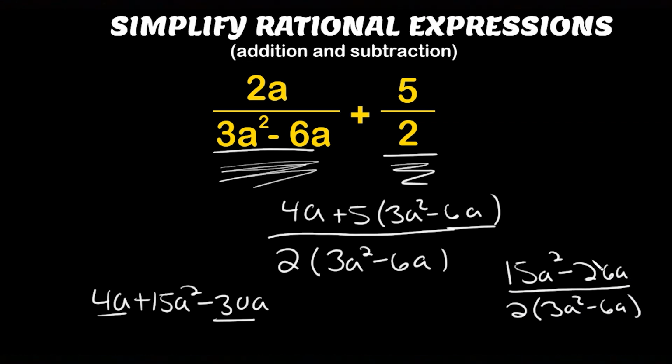Is there anything else I can do here? Is there a greatest common factor I can pull out of that numerator? It looks like I can pull out an a. If I do that, I'm left with 15a minus 26. On my denominator, is there anything I can factor out?